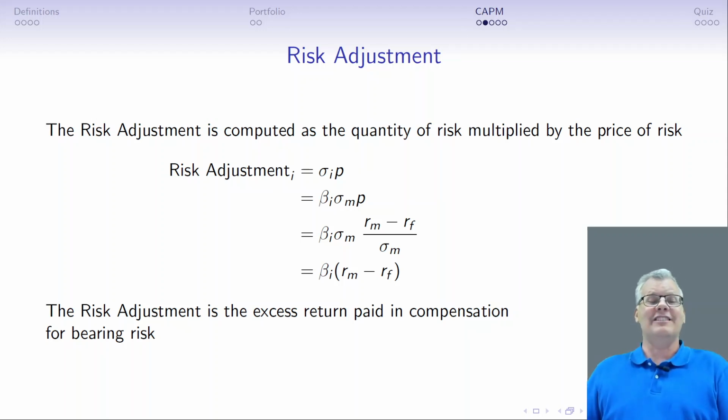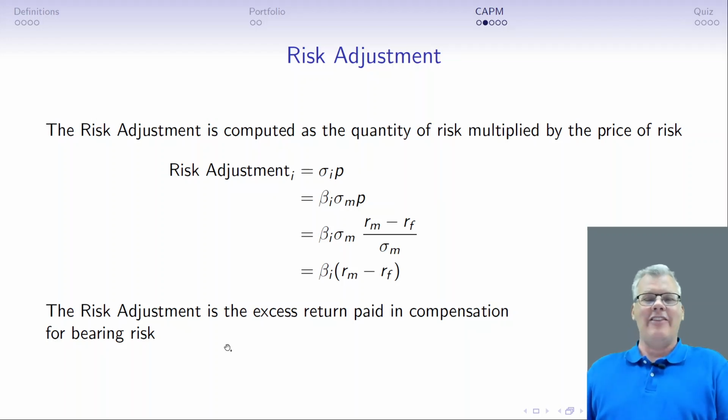So if, for instance, I held an individual stock that was 3 times as risky as the market as a whole, what that says is you should take the market premium, right? So how much more money do I get from putting my money in the broadly diversified stock market versus Treasury bills?